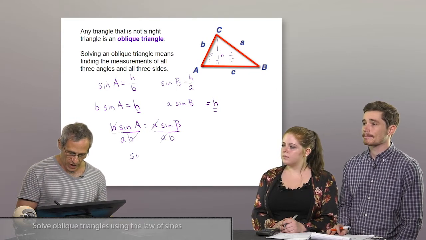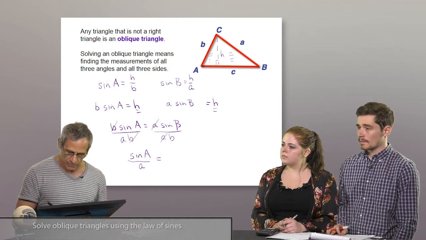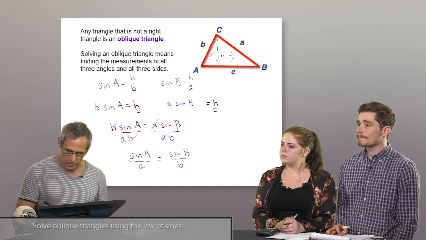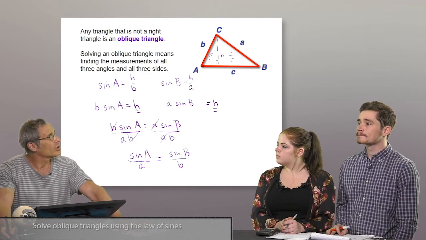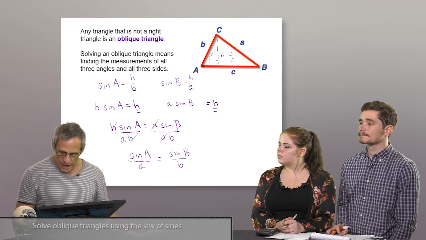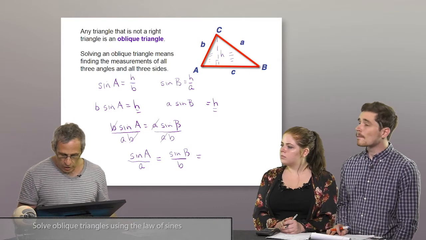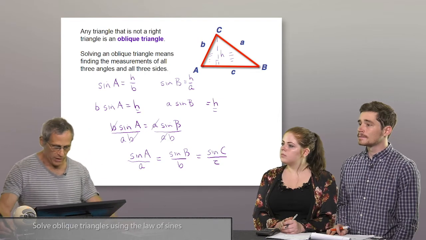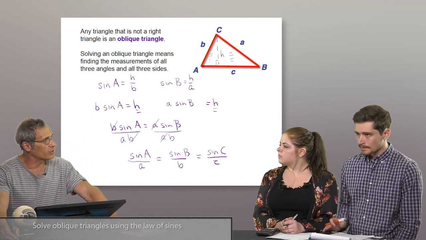So we end up with the sine of A over little a, which is the length of the side opposite A, equal to the sine of B over little b, the length of the side opposite B. And A and B were arbitrary, so we can extend that to any pair of angle and opposite side. The law of sines is nothing more than sine of A over a equals sine of B over b equals sine of C over c.